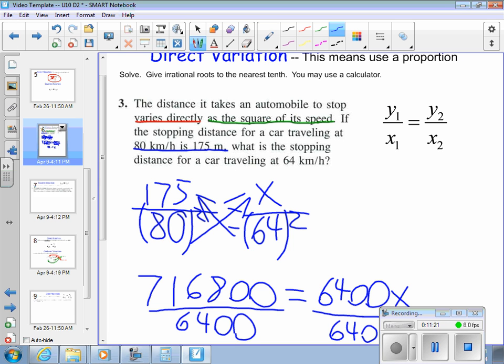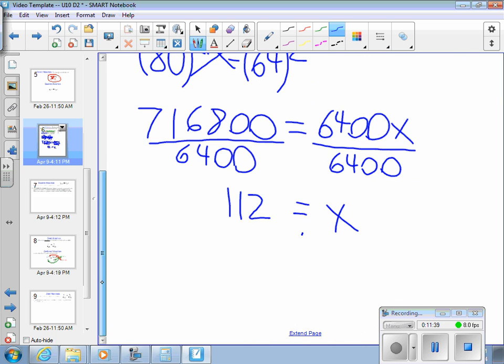And notice the speeds were in kilometers and the distance in meters, and that actually didn't matter as long as both speeds were in kilometers per hour and both distances in meters. The proportion still works. So my answer is in meters. The stopping distance then will be 112 meters.